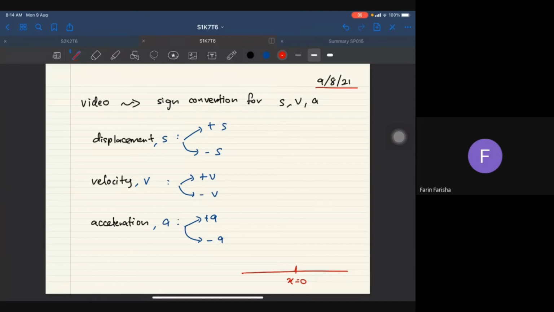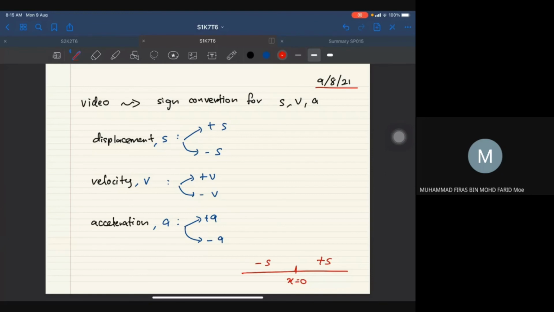Anything to the right of this is a positive S. Anything to the left of x equals 0 is negative S. So far, are you guys okay with this? Very good. Positive and negative indicate the direction. In this case, the position: positive S is to the right of 0, negative S is to the left of 0.